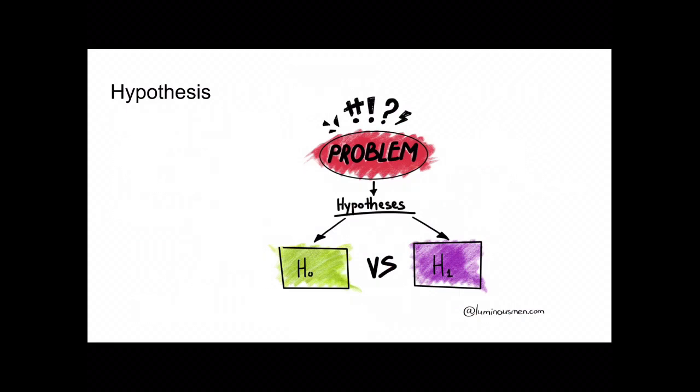I'm on hypothesis. Okay, here we go. So hypothesis is your conjecture. This is what you think is going to happen. What we see on this slide is you had what they're calling a problem, but that's your question, and your hypothesis is what you think the answer is. There are some possibilities. This slide shows H0 versus H1.